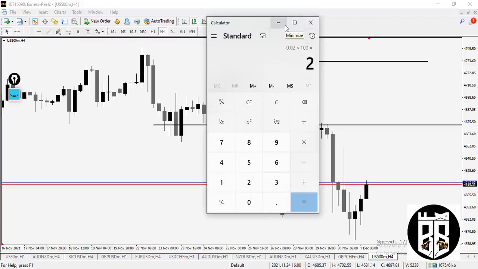Okay, so if we are going to risk $2 of 100, what is going to be the lot size?